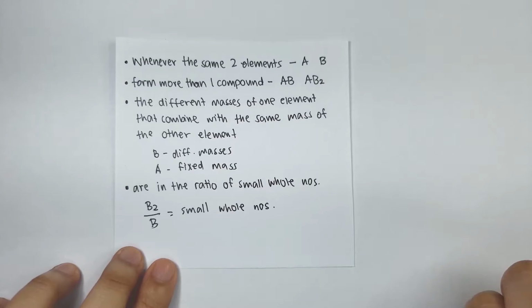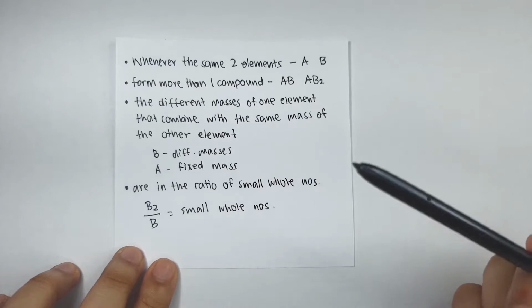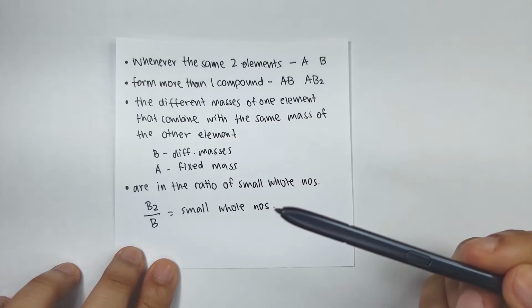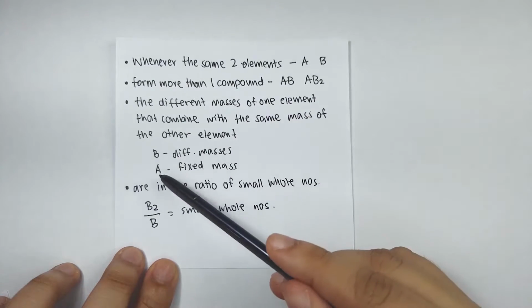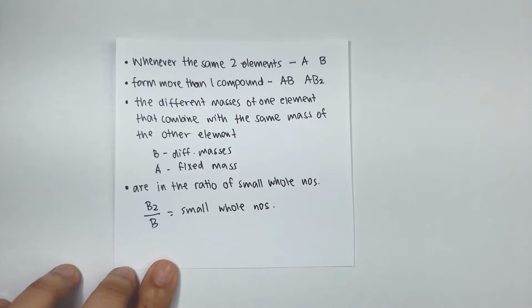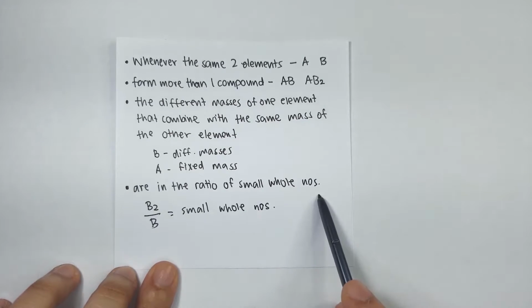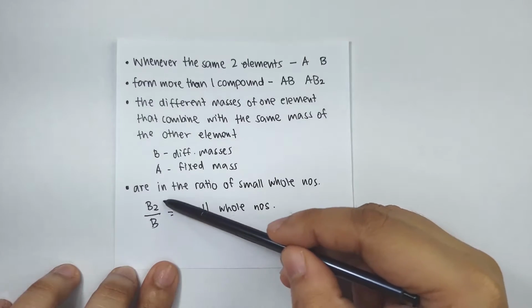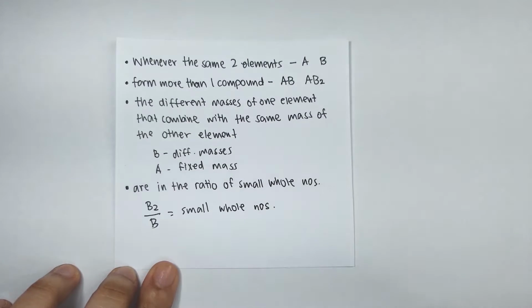He said one element has different masses, in this case element B, and the other element, in this case element A, has the same or fixed mass. Okay? Are in the ratio of small whole numbers. So finally, when we take the ratio of the element with different mass, element B, the ratio is small whole numbers.